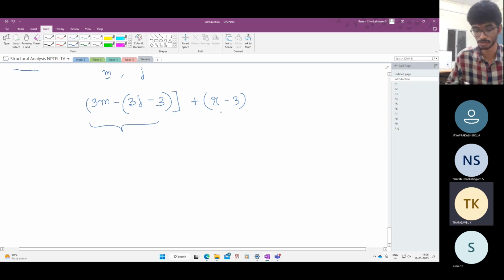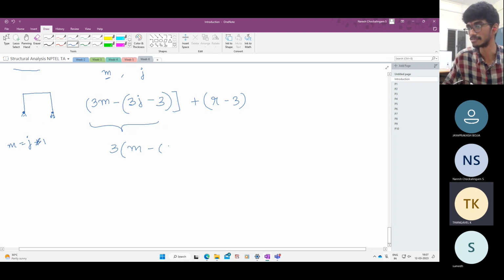But I'll tell you how it is equal to this, with closed loops. If you have only open loops in the structure, then the number of members will be equal to the number of joints minus one.